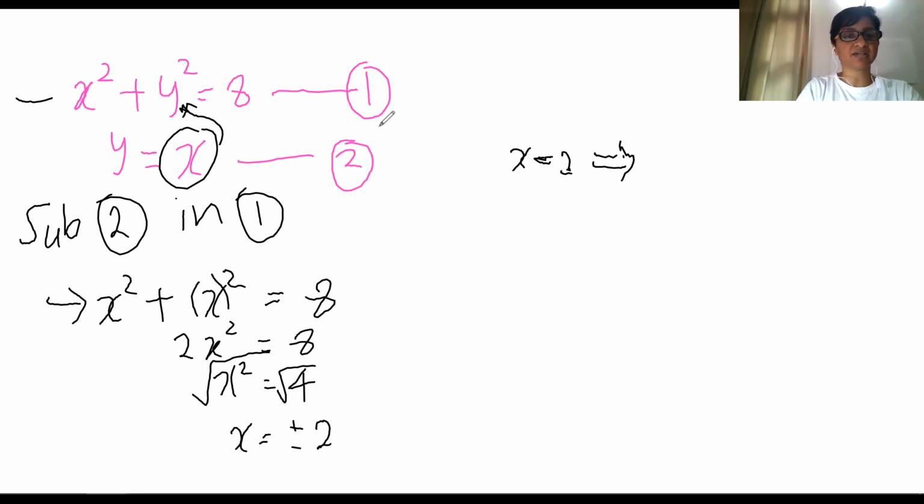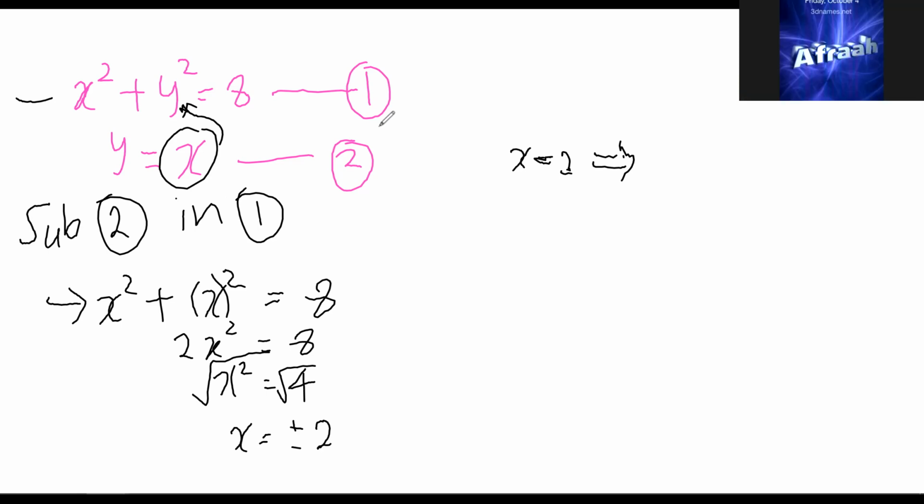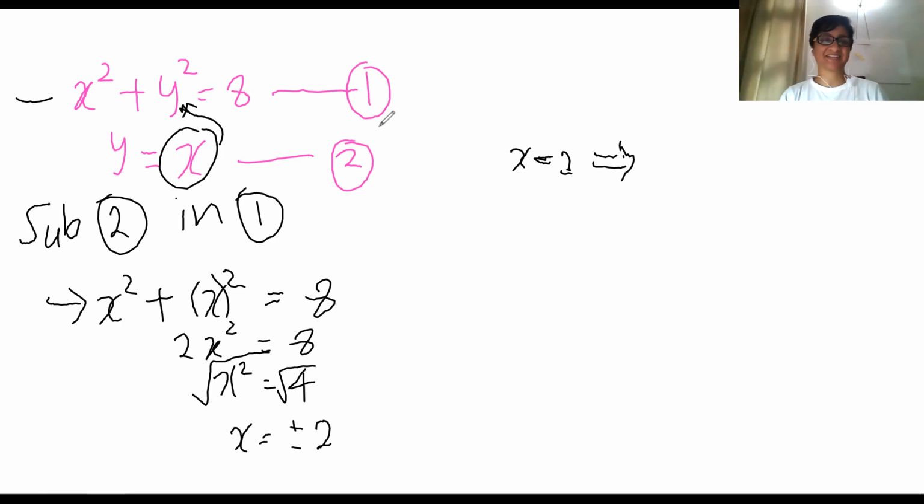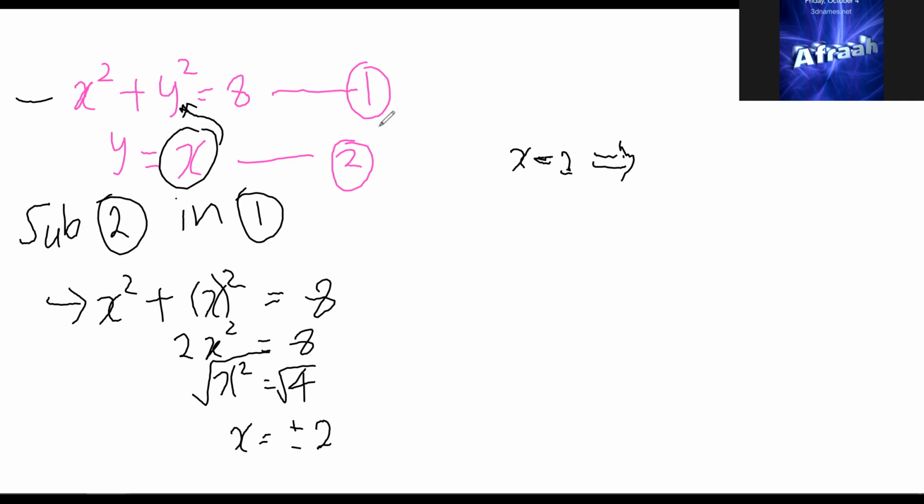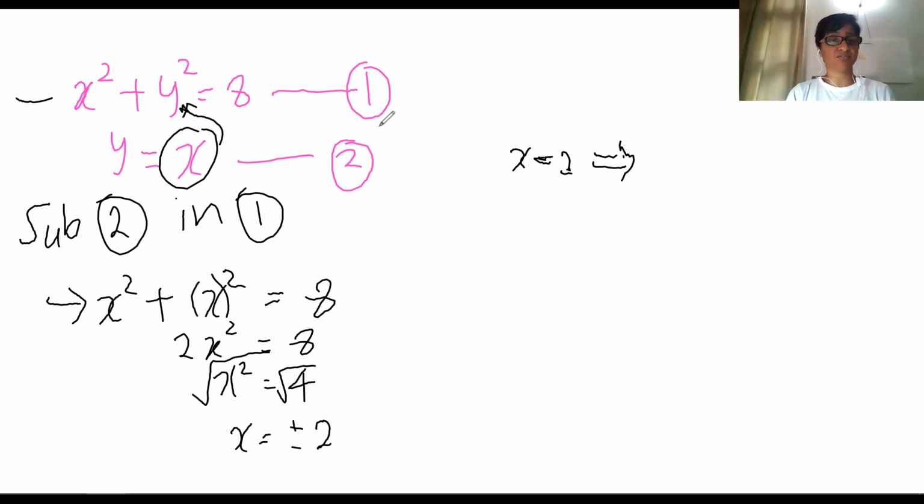Like this is y squared, for y I'm putting x. Oh, okay, miss, got it. You are correct. Or you can substitute y for x. Then you will get y squared plus y squared equals 8. Either way, both are right.